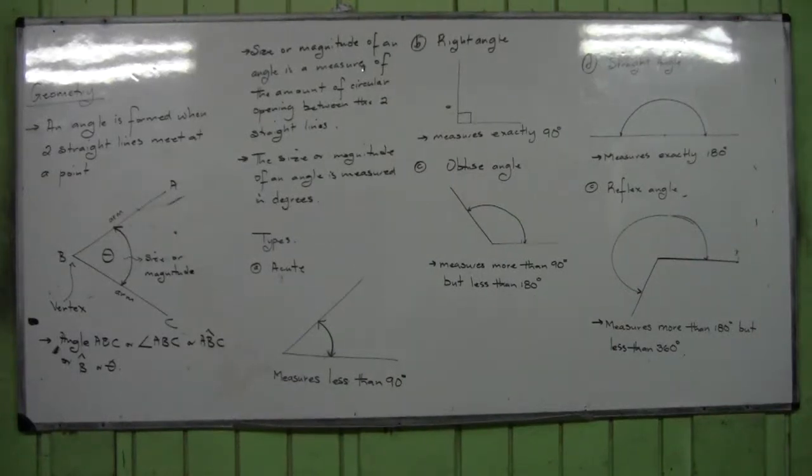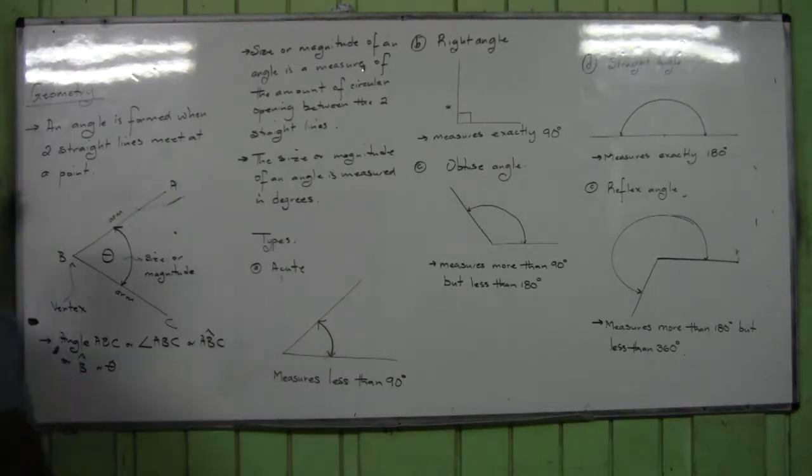Alright guys, so let's start geometry by looking at angles. The way I would start is to say that an angle is formed when two straight lines meet at a point. Simply, anytime two straight lines meet, an angle is formed.